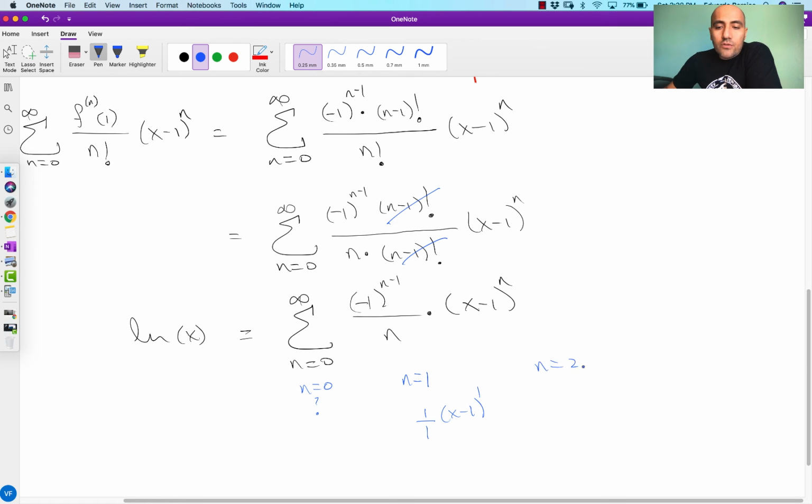When n equals 2, we end up with a negative number, so negative 1 all over 2, and then (x minus 1) squared. So things work out nicely. We don't have any other weird things happening beyond that. It was really just n equals 0 that was an issue, right?